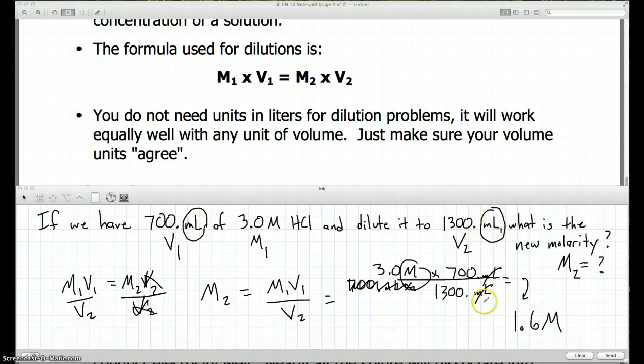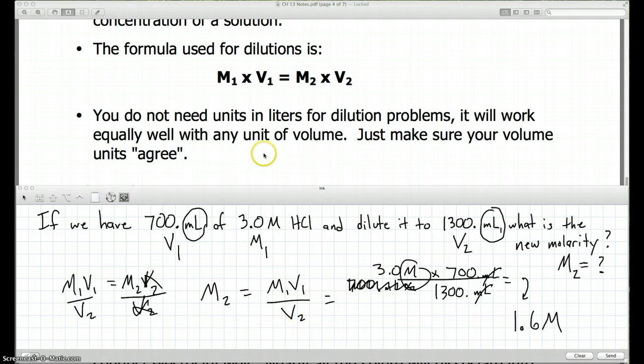If we set that up, they wouldn't cancel, so you'd have to convert one into the other. It wouldn't matter which. You could convert liters into milliliters or milliliters into liters, as long as they're the same so that they cancel out when you do the math.